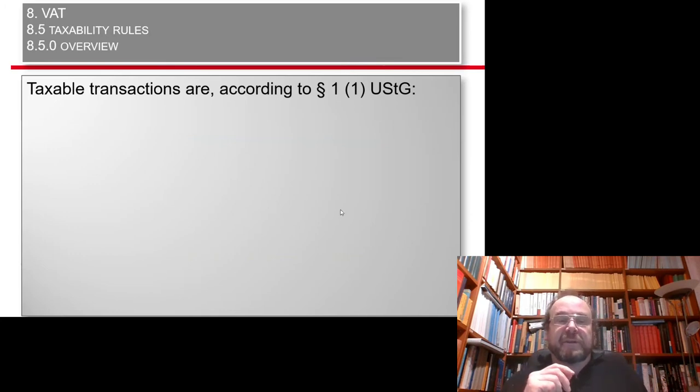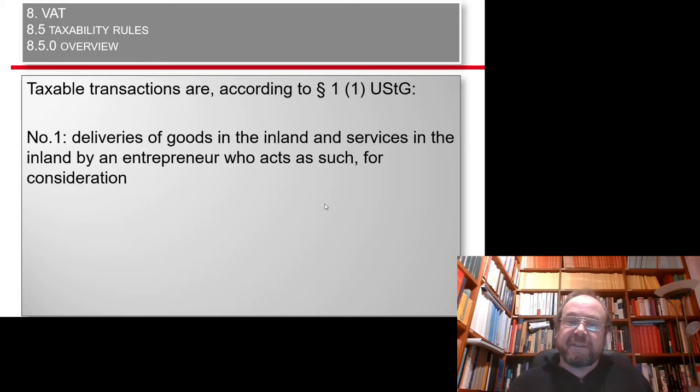Let's begin to talk about the first step, taxable transactions according to the USTG, according to VAT law. Deliveries of goods and services in the inland by an entrepreneur who acts as entrepreneur and not as a private person, for consideration, so for getting something in return.